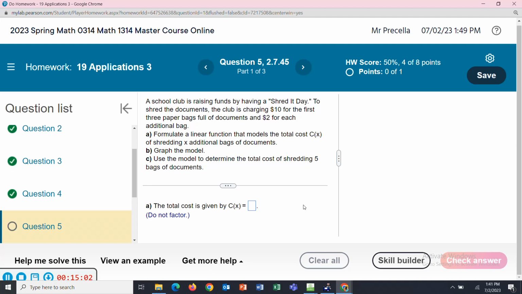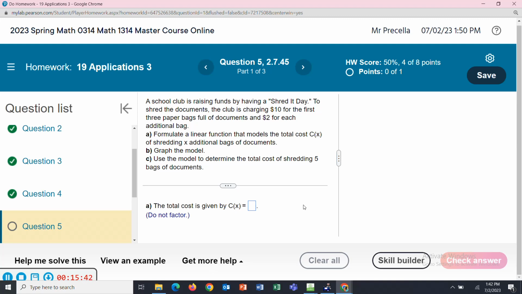So let me see this problem 5. The club charges, I'm just trying to summarize this, $10 for the first 3 bags and $2 for each additional bag. So if you bring 1, 2, or 3 bags, it's just going to be $10.